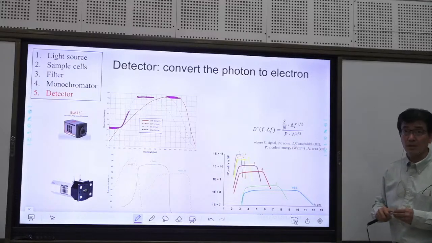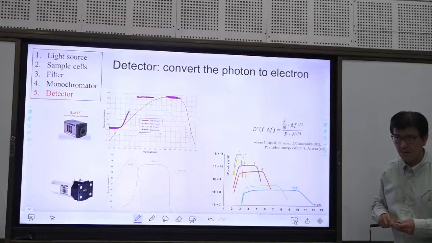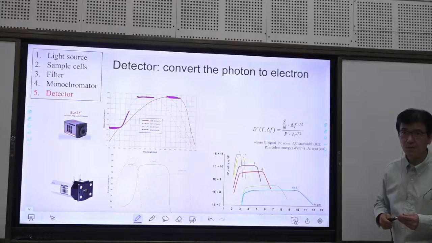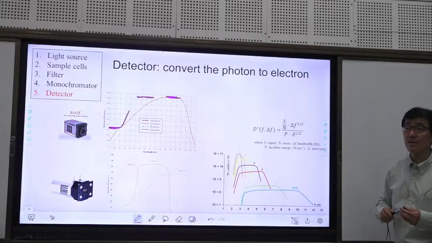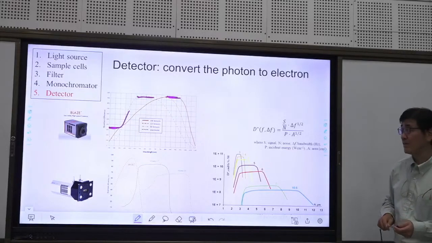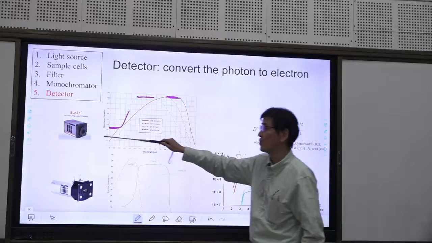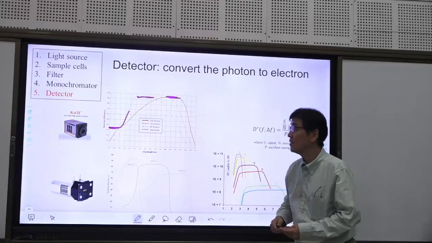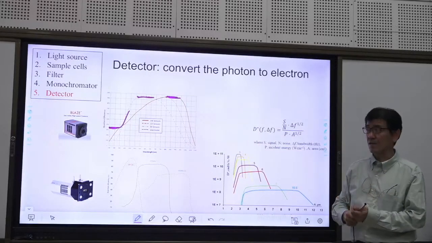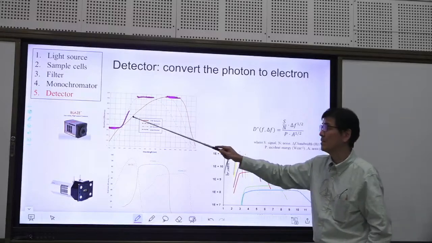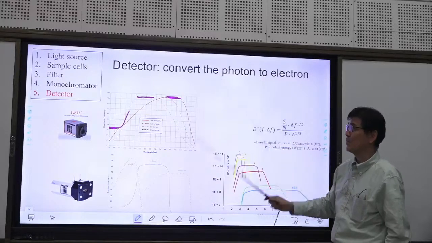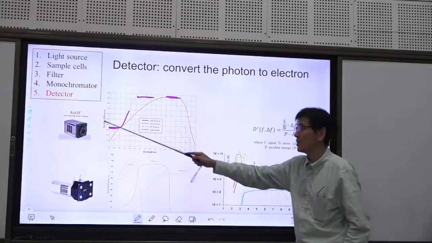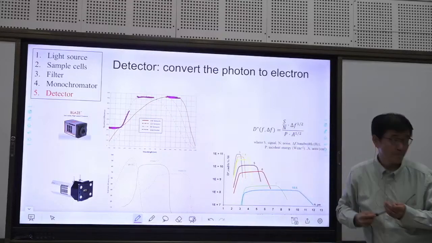So please check dark current or thermal noise level, or many parameters that are important to evaluate the noise level. So please check what the signal intensity is and what the noise level is when you order detectors. Okay?